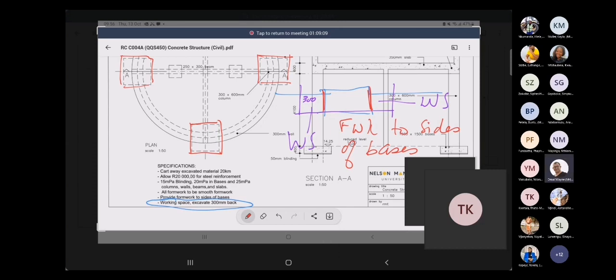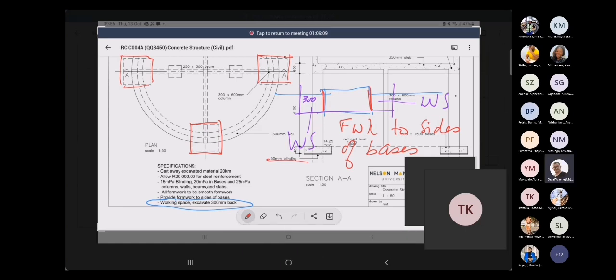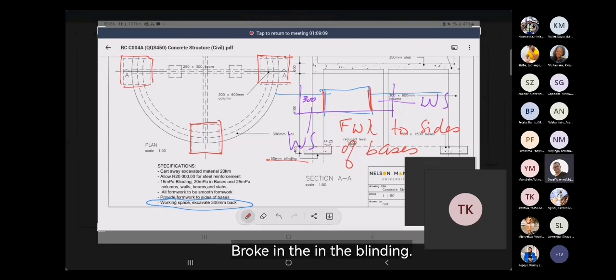Okay? Also notice I have 50 millimeter blinding under my bases. I also notice that the concrete strength has 15 MPa for concrete in the blinding, and then 20 MPa in the bases.